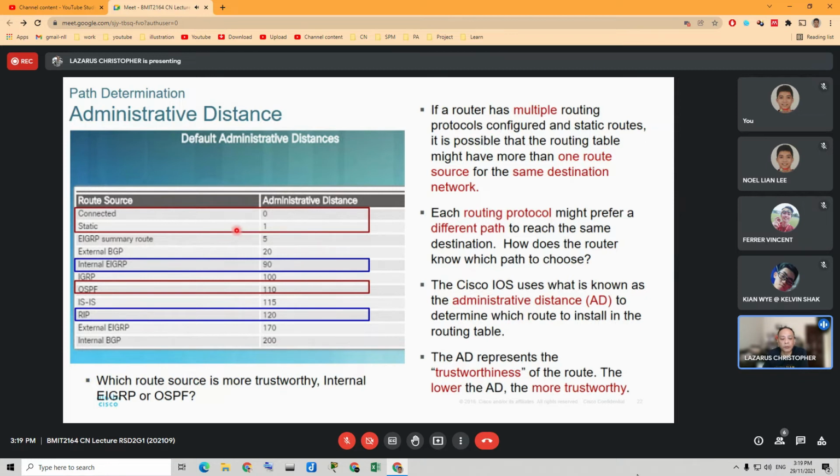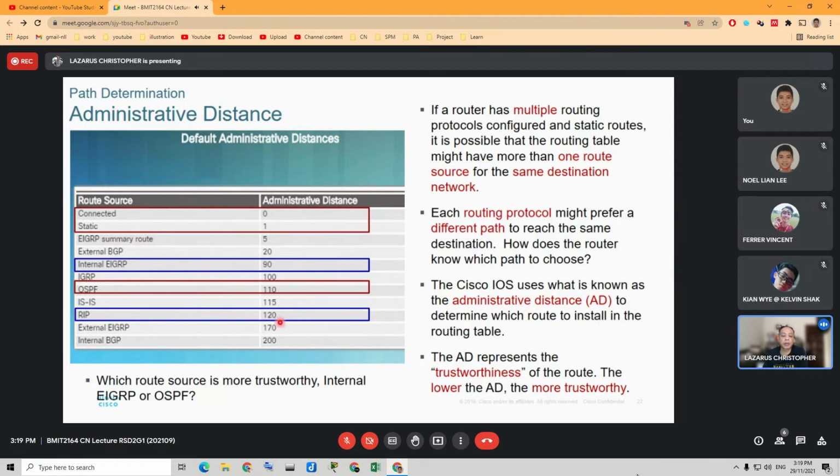It means if you have EIGRP configured, but you put in your own entry, that will override the EIGRP values, because of the AD. So your configuration has higher priority in the routing table compared to EIGRP. EIGRP beats OSPF, OSPF beats RIP.